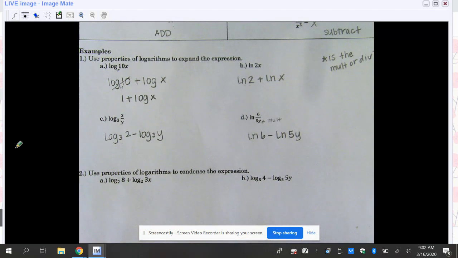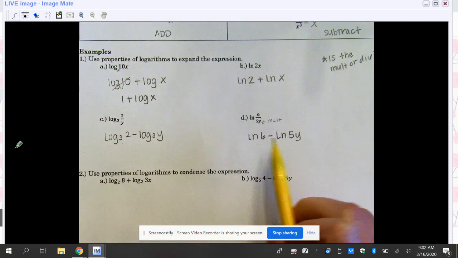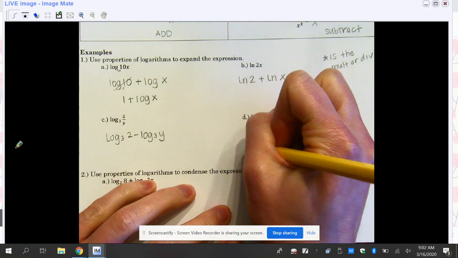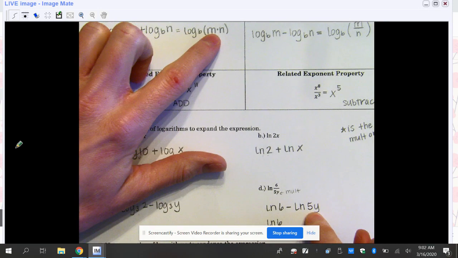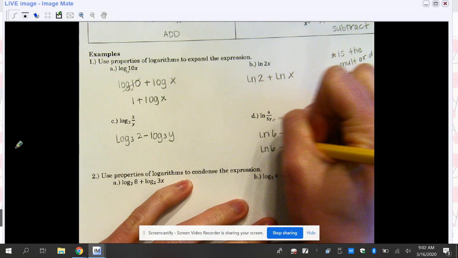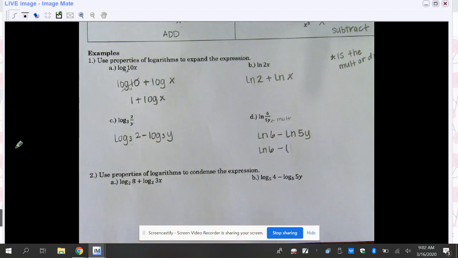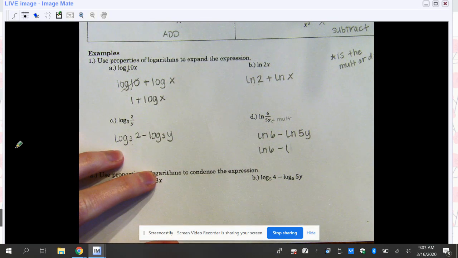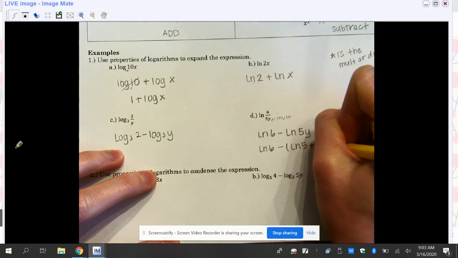Okay, this part is going to be complete because I can't take e to a power to get 6. So that's going to stay natural log of 6. But now there's my m times n, 5 times y. So we have to be careful here because I'm subtracting this whole log. And so when I take that apart, I have to take that into consideration for the 2 logs that I'm now going to create. So I'm going to put parentheses there, natural log of 5 plus natural log of y.